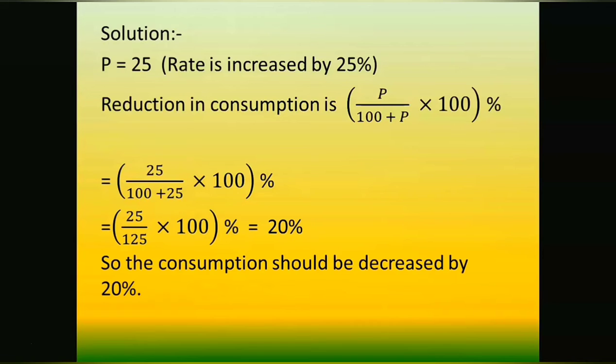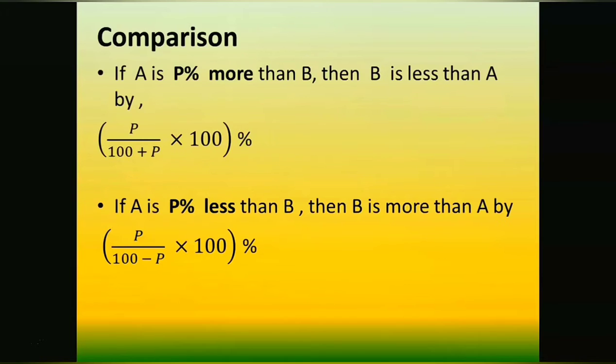Also note that these two formulas can also be applied in case of comparison. That is, if A is P% more than B, then B is less than A by this much percentage. That is, P divided by 100 plus P into 100, this much percentage.